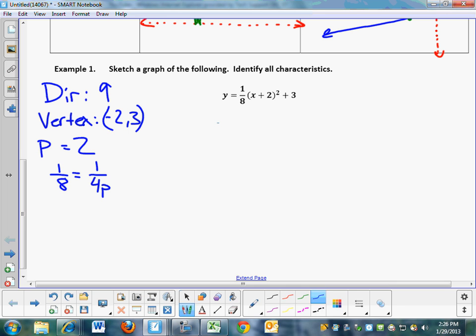I'm going to start sketching before I write everything else down. So, all right, I need a shape here. Let's see. -2, +3. Go like this.